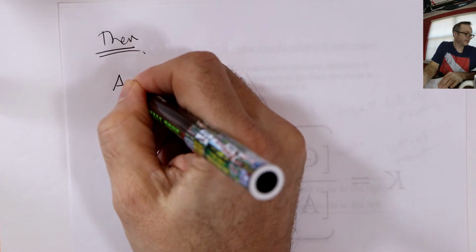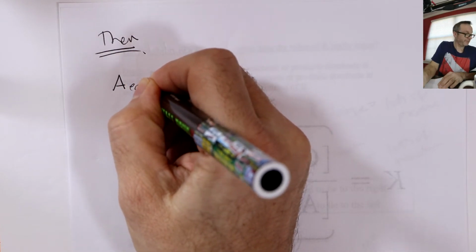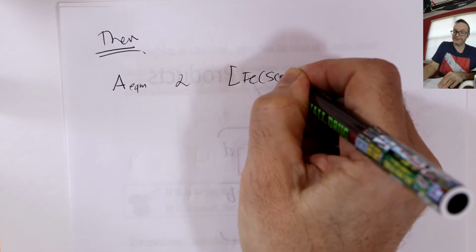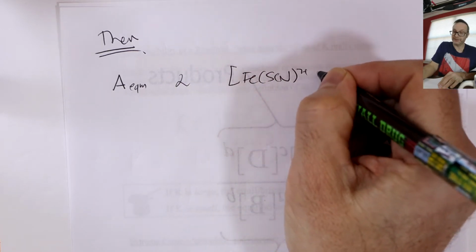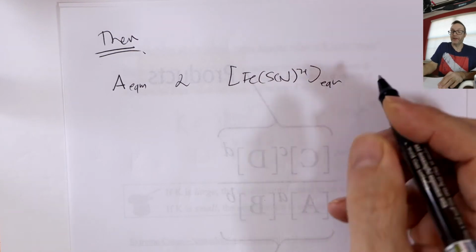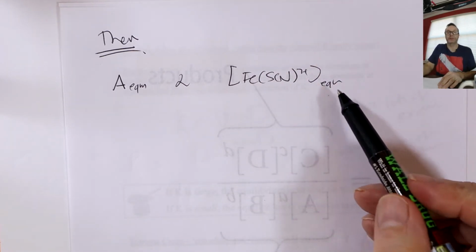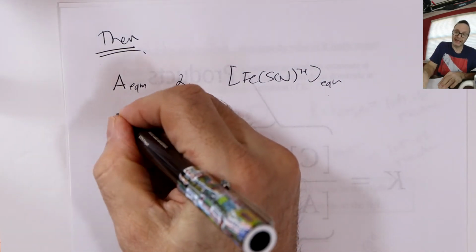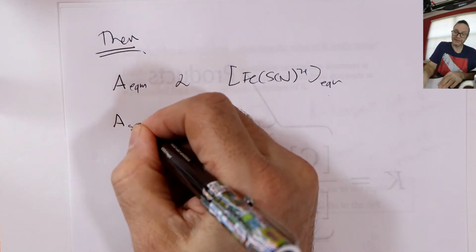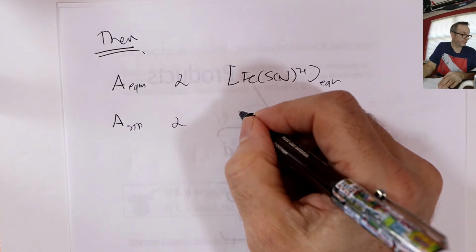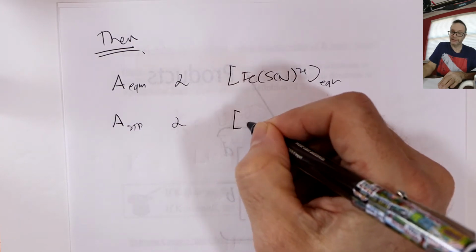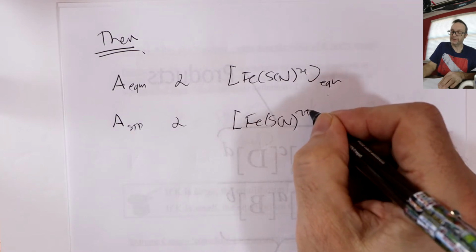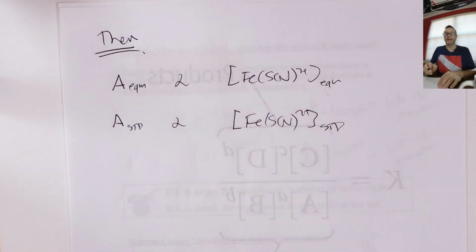A at equilibrium is proportional to the concentration of FeSCN2+ at equilibrium for any sample. So this is sample 1, 2, 3, whatever sample you got. But we know A of the standard is proportional to FeSCN2+ of the standard.